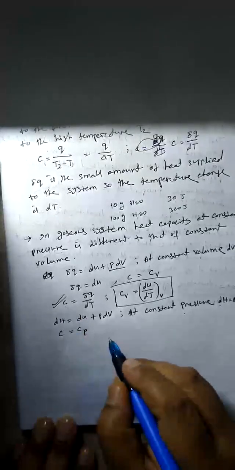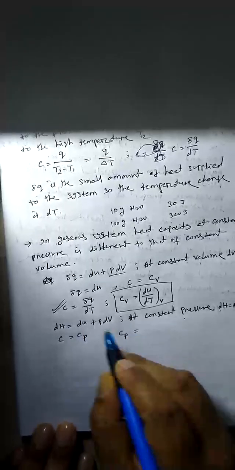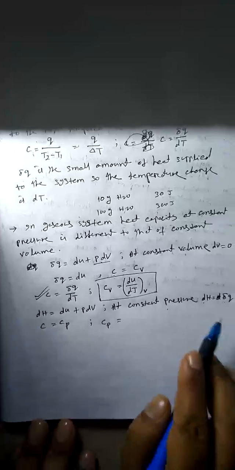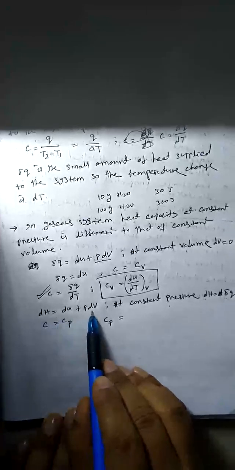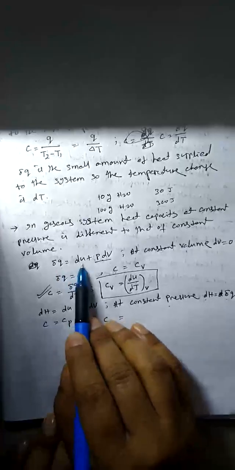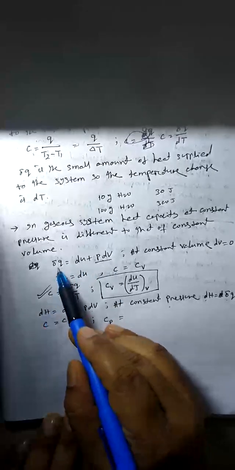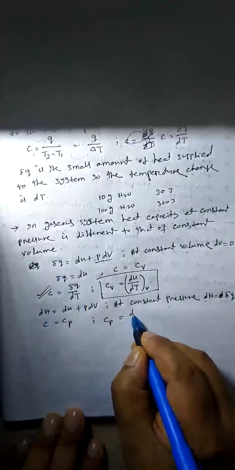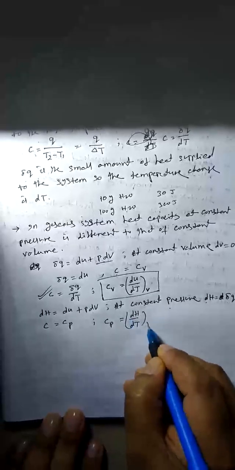So in place of C I write Cp, and in place of del q, because at constant pressure dH is equal to del q, and the dH formula is dH = dU + PdV, del q also is dU + PdV. At constant pressure both, dH is equal to del q. So in place of del q I write dH by dT at constant pressure.